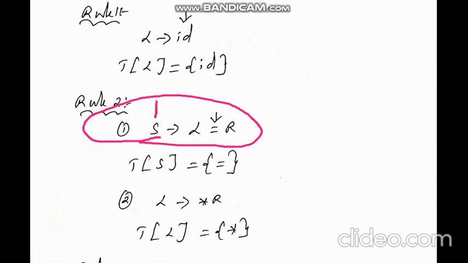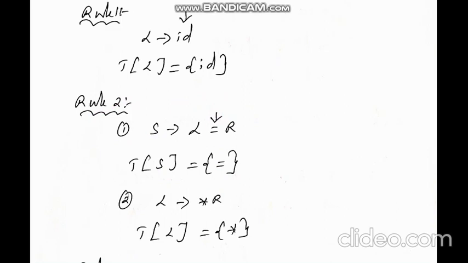That is, the left hand side non-terminal is pointing to a center terminal here. So trailing of S is equal to, right? I hope you understood this particular part. It is common for both leading and trailing. This rule is exactly common.